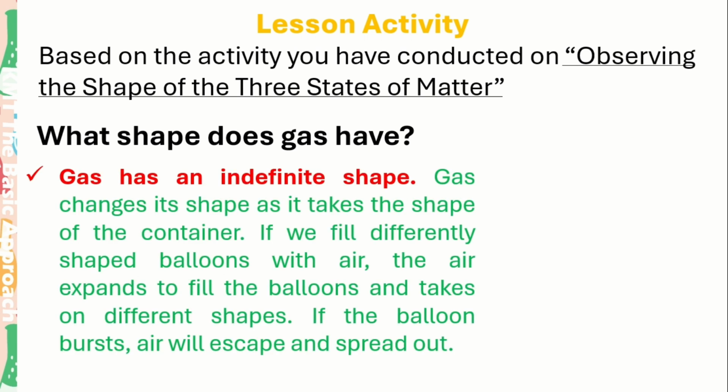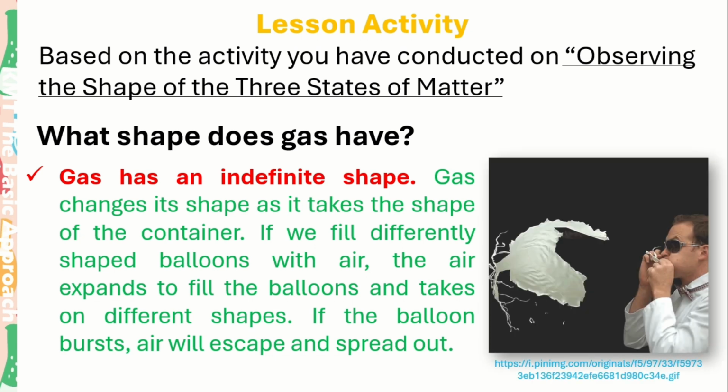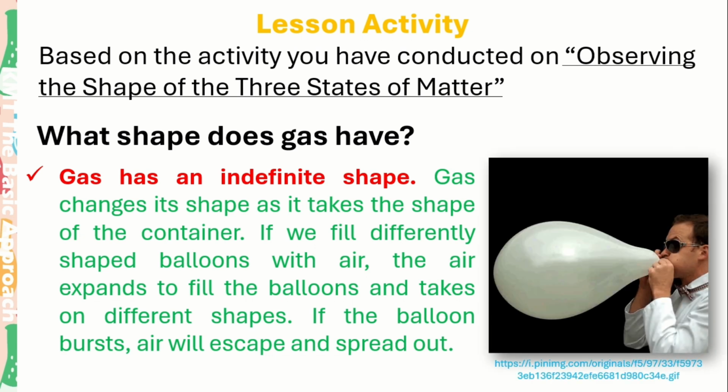Gas has an indefinite shape. Gas changes its shape as it takes the shape of the container. If we fill differently shaped balloons with air, the air expands to fill the balloons and takes on different shapes. If the balloon bursts, air will escape and spread out.